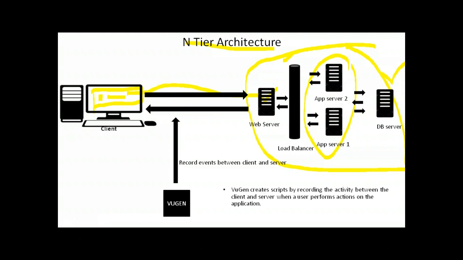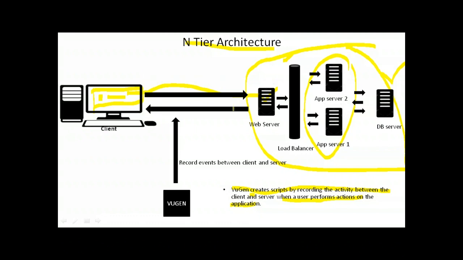Okay. As you can see, Vusion creates the scripts by recording the activity between client and server when the user performs actions on the application. As the user is performing the actions, the request is sent in and the response comes back, and Vusion captures those events.